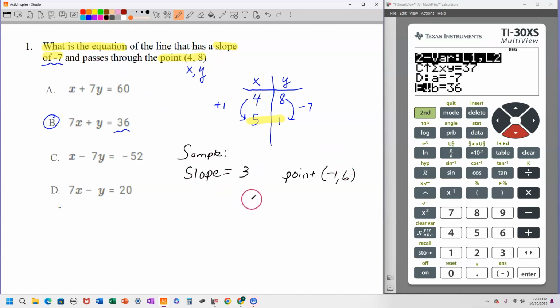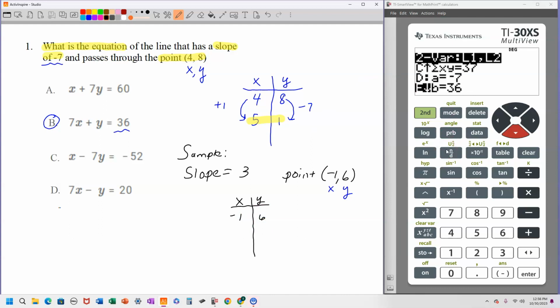Well, you generate a table just like you did before. So let's make a table, and then we'll put that in the calculator. So you'd put this in the table. Remember, this is x, y, right? X, y. So -1 and 6. And then we'd enter that into the table.